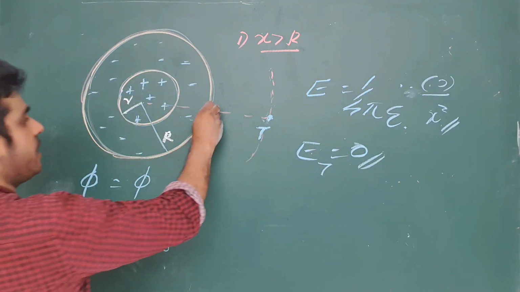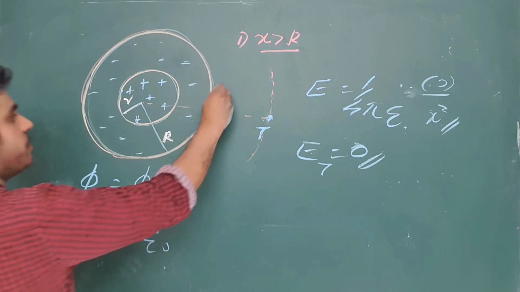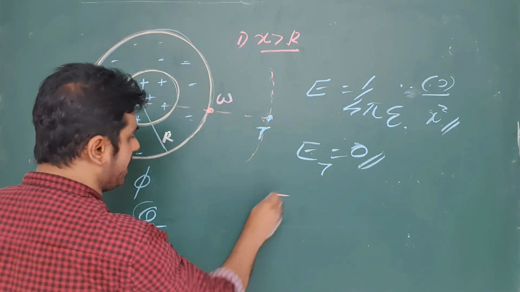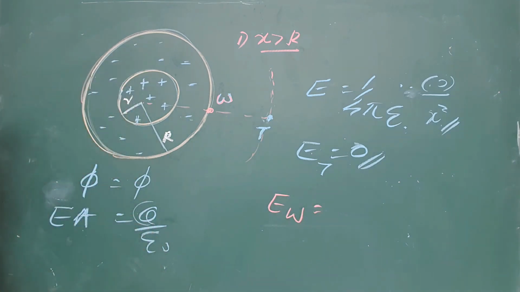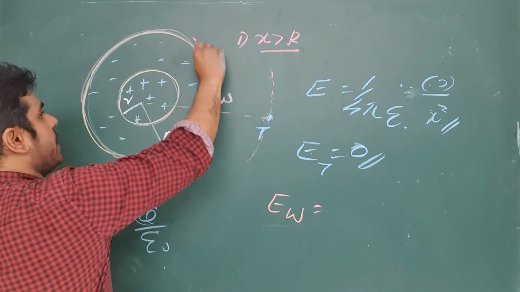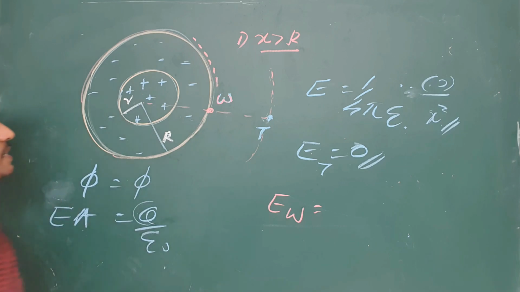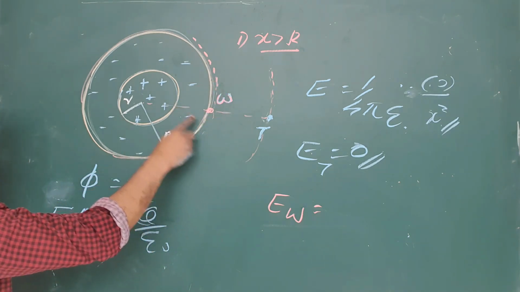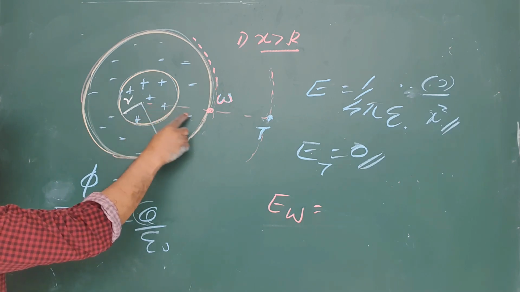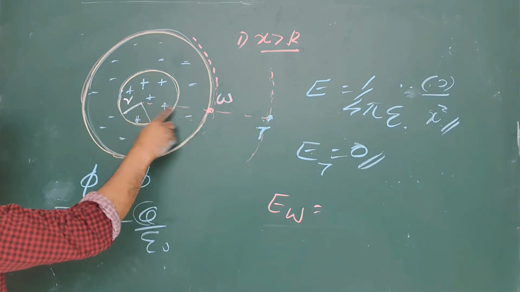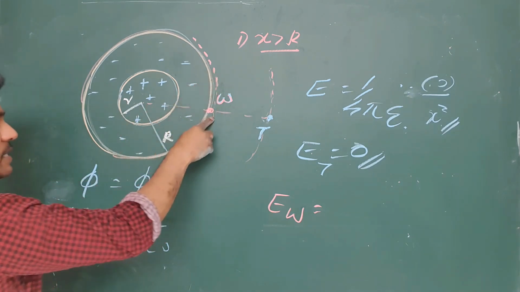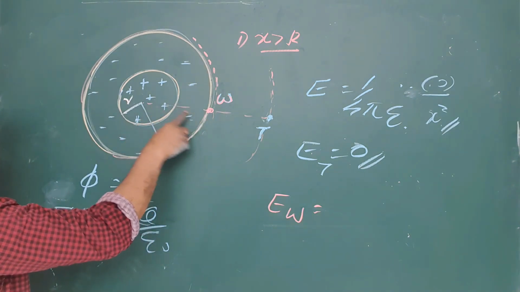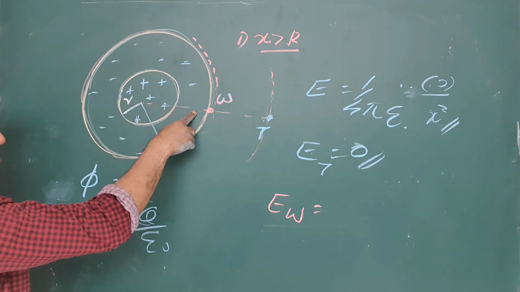Now again write that W. Now you are seeing this point is W. I am going to write the electric field intensity at W. Actually no need to write this one because you have to draw the Gauss surface just outside the second surface. Now when you take the algebraic summation of charges inside the second surface, again it gives the same magnitudes and opposite polarities of charges.